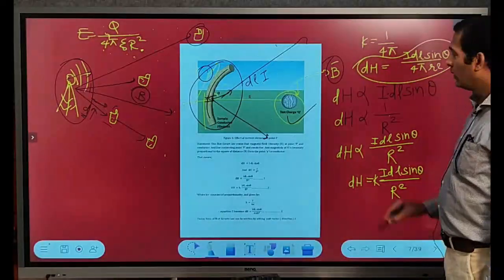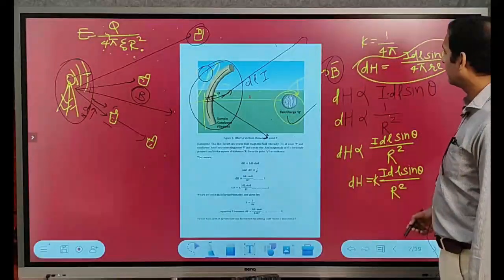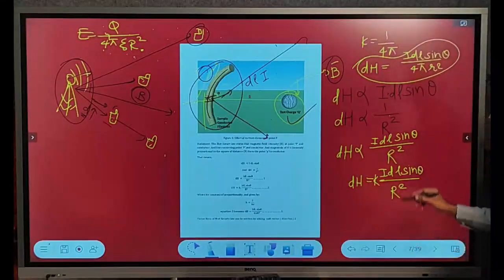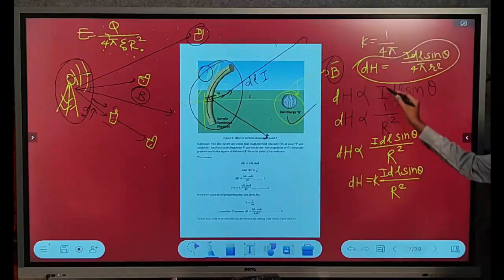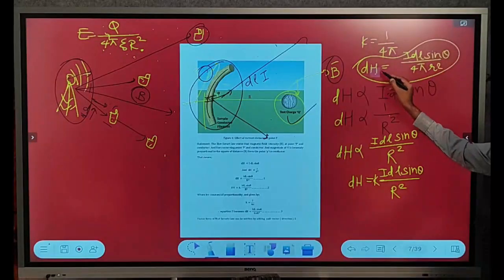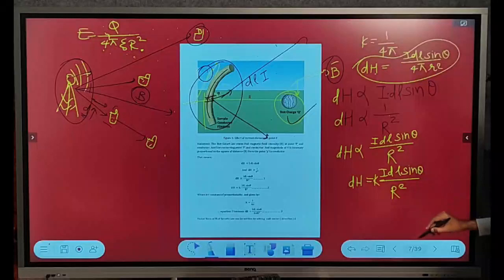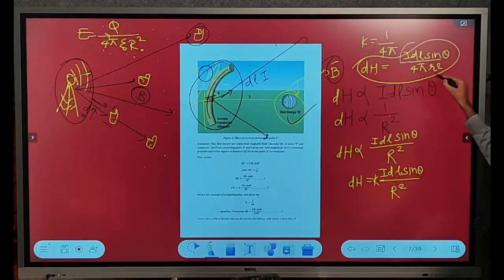right? So from here, how will H be found? This is differential H. How will we find the overall H? What should we do with the right-hand side? If I want to remove this d and write only H, on the right side I have to take integration, right? Now further we will simplify this expression.